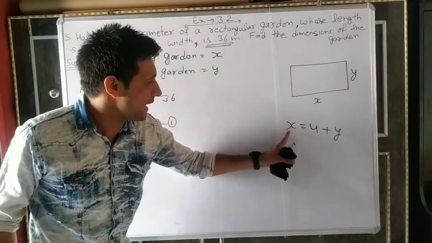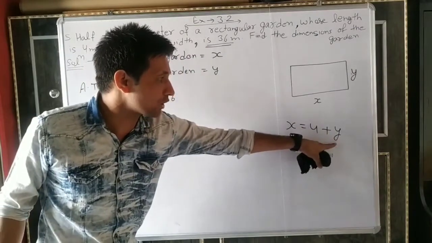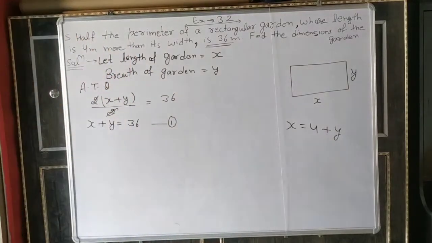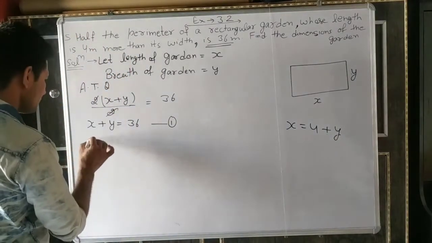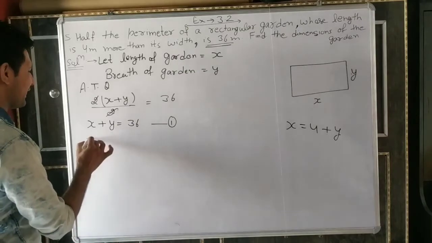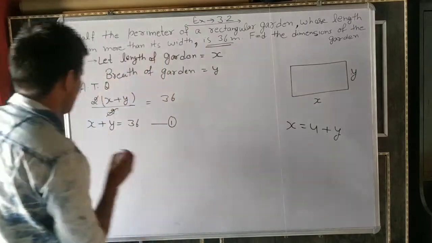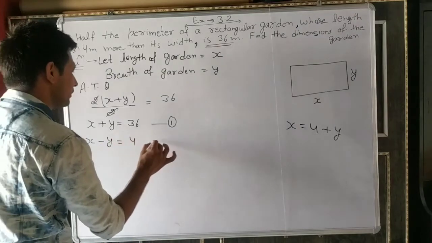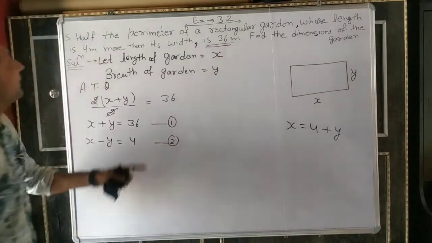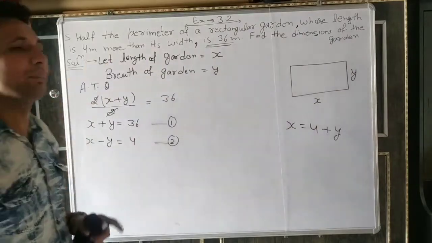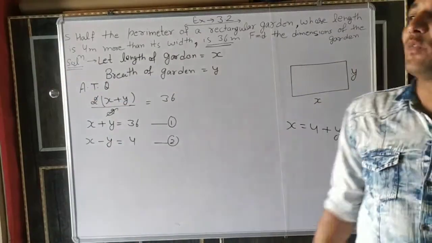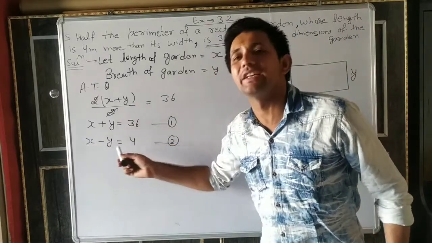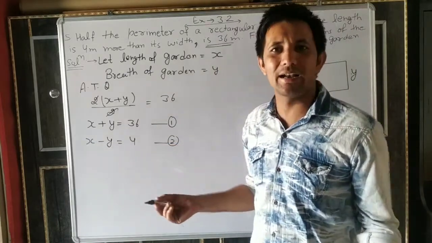X is length; more than means plus. Otherwise you can write y on the other side with minus, so x minus y equal to 4. It means if length is 4 meter more than width, the difference of length minus breadth is 4. Understand it or not?